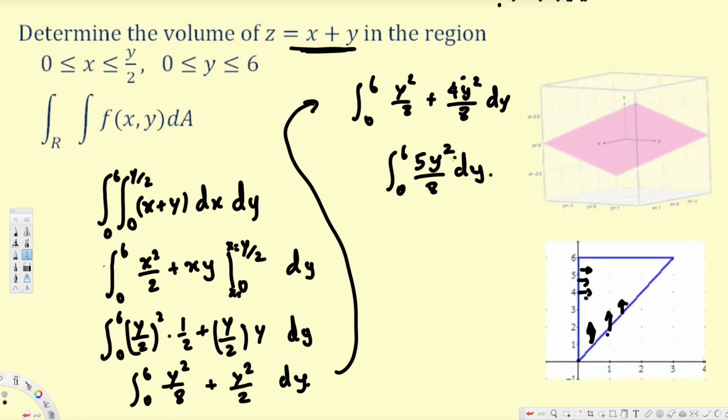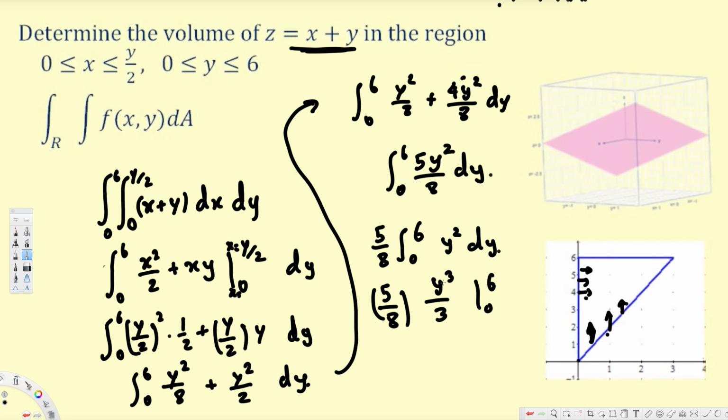Now let's separate this y square part alone, because 5 over 8 is a constant, so we can move it to the front. So this is going to be 5 over 8 integration 0 to 6 y square dy, and if you integrate this one, that's going to be y cube divided by 3, and in front we have 5 over 8, and that's going from 0 to 6. If we plug 6 for this one, this is going to be 6 power 3.